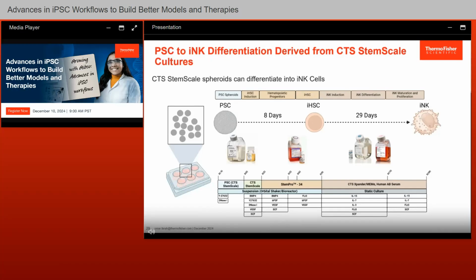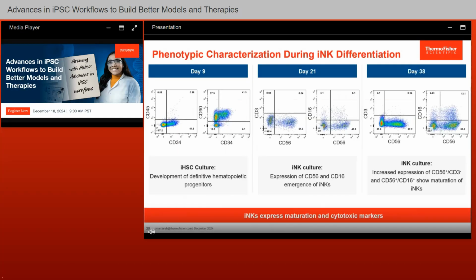Now, throughout the iNK differentiation protocol, specific changes can be observed morphologically during this process. But there are also specific changes to the phenotypic profile of these cells that we can follow over the entirety of the differentiation protocol. So, for example, on day 9, we see the emergence of the definitive hemopoietic progenitors as indicated by the presence and expression of markers like CD34 and CD90.